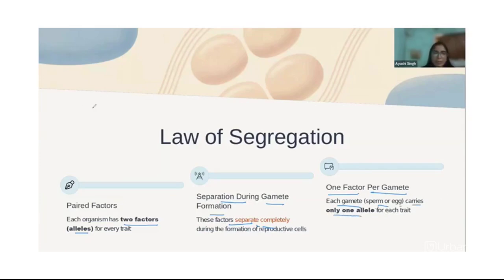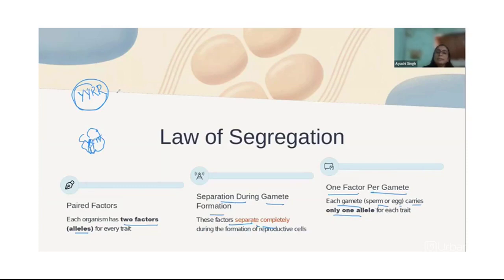So let me just explain it like this. For example, this is the father plant, or the male plant, and this is having yellow seeds and round seeds, and this is wrinkled, and let me just write it small, green seeds and wrinkled.